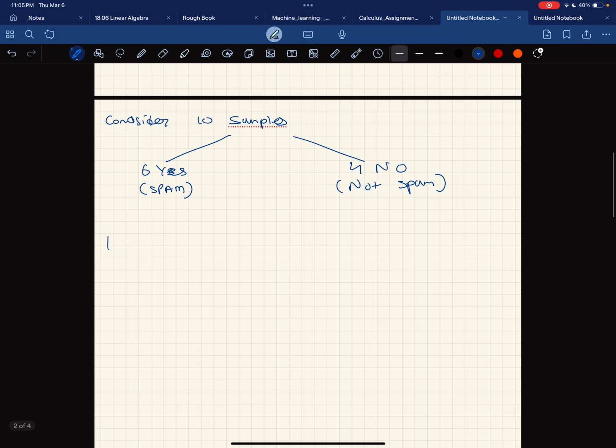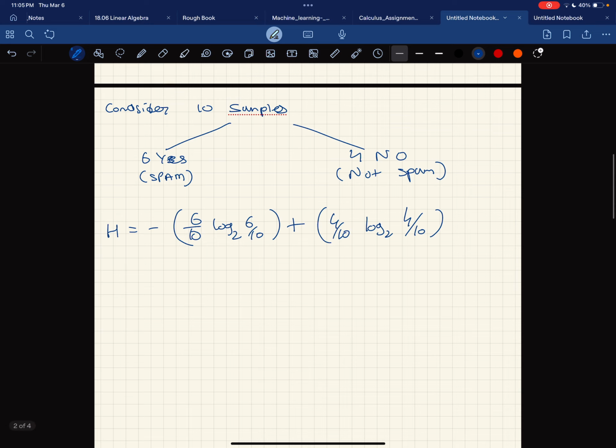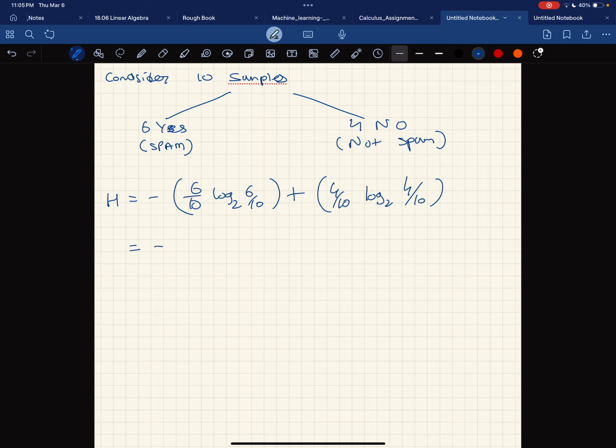So if I want to calculate entropy, it would be something like negative 6 by 10 log 2 of 6 by 10 plus 4 by 10 log 2 of 4 by 10. I will directly write the values here: 0.6 times 0.737 plus 0.4 times negative of 1.322, which comes up to 0.971.